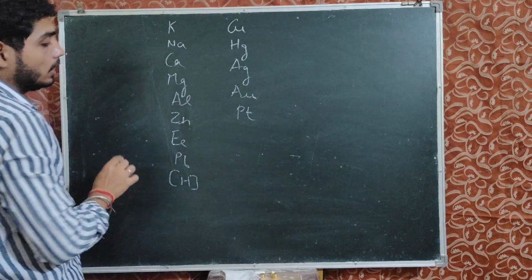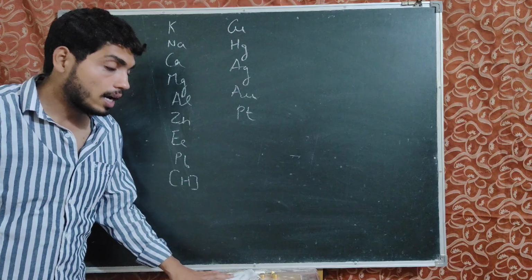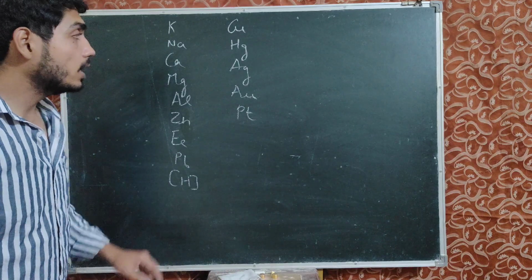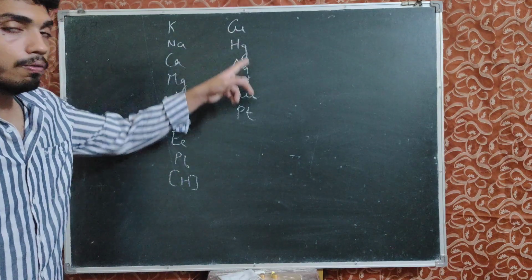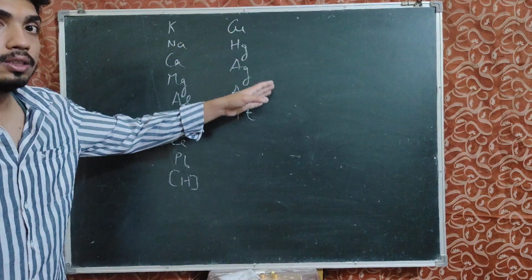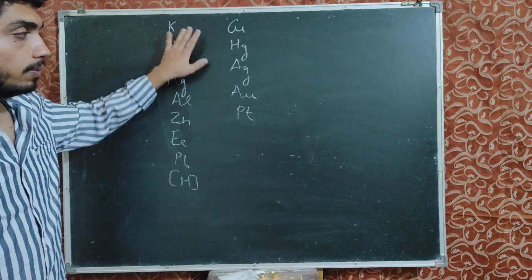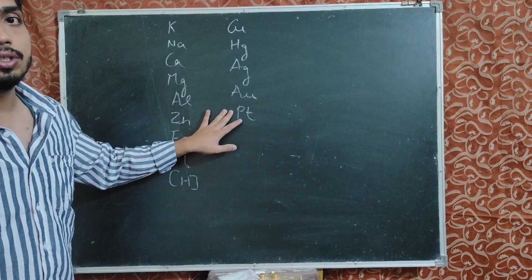Now in this we can clearly see what this reactivity series represents. It represents that as you go down the series, the reactivity of metals decreases. So we can say that potassium is the most reactive metal, and Au and platinum are the least reactive metals.